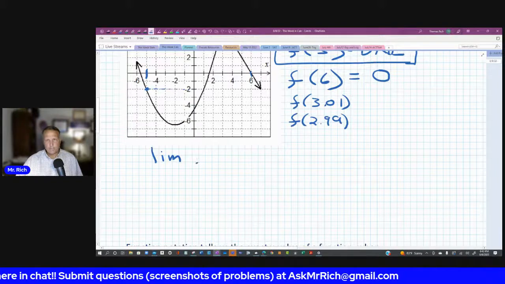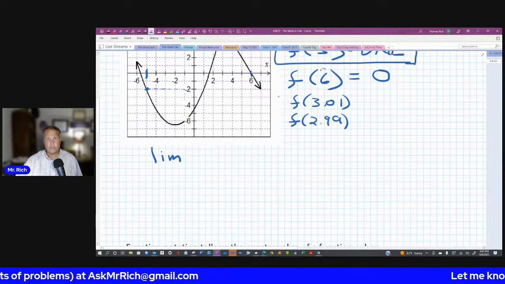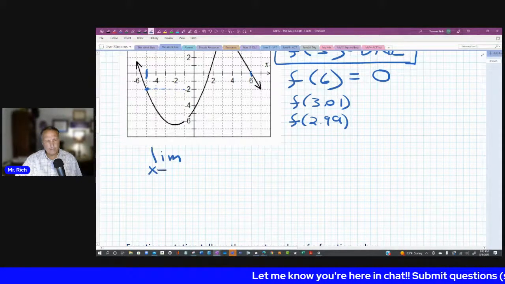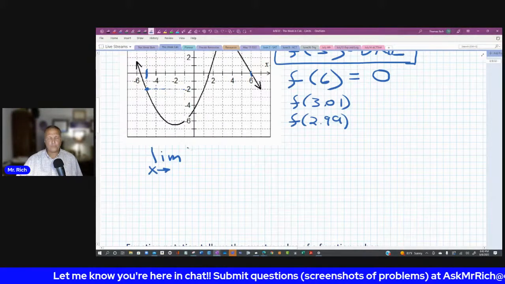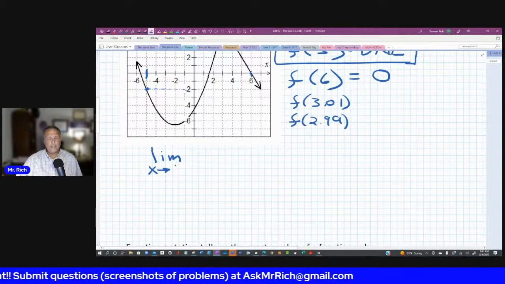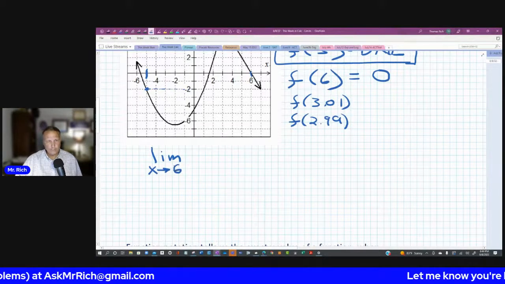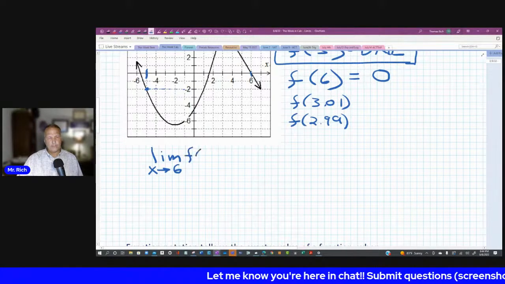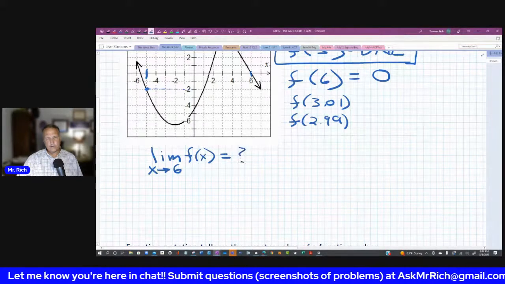And I am going to specify an x value, just like I specify an x value in parentheses in function notation. But here I'm going to write x, put an arrow, and give it an x value at which I want to evaluate the limit. For these purposes, to start it off, I'm going to say 6. Then I'm going to write the function that I'm considering, and I want to get an answer over here.